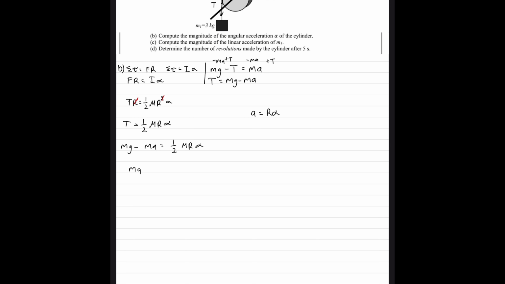So mg minus m R alpha. Now I'll try to isolate for alpha.